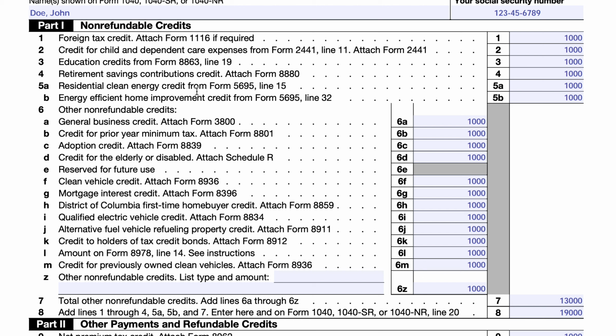A non-refundable tax credit can reduce your tax bill dollar for dollar, but it cannot reduce your tax bill below zero. So if you had a total income tax of $10,000 and you had a total amount of non-refundable credits on the order of $19,000, you would be able to take your $10,000 down to zero, but not negative.